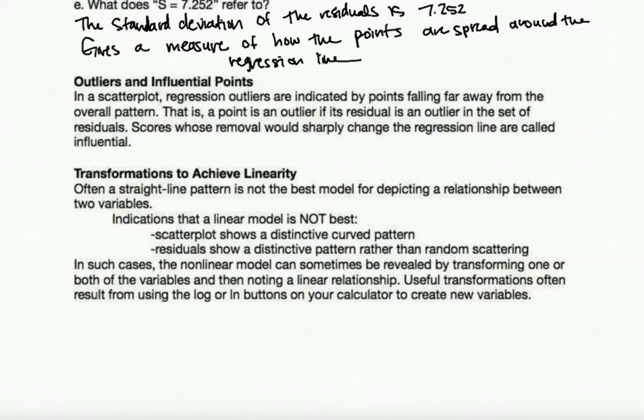Useful transformations often result from using either the log or ln buttons on your calculator to create new variables, but there are lots of others you could potentially see. So if you notice a distinctive curve pattern in your scatter plot, or a distinctive pattern in your residuals, you may need to transform one or both of the variables in order to use a linear pattern.